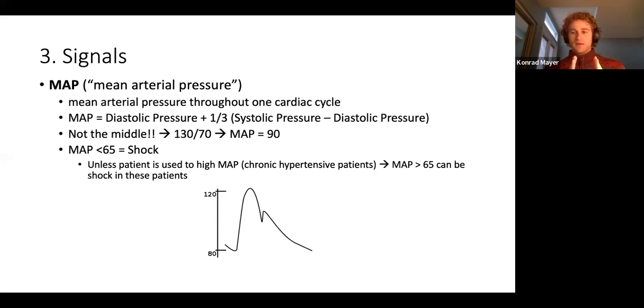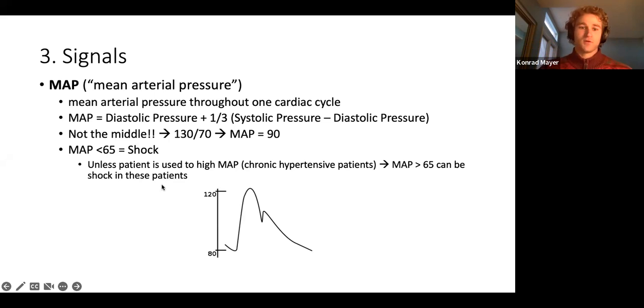So if we were to just establish the average and say, okay, they have a blood pressure of 120/80, and we think the middle is 100, then we would be giving them an untrue boost to their MAP. So their MAP is not as good as you think it might be.